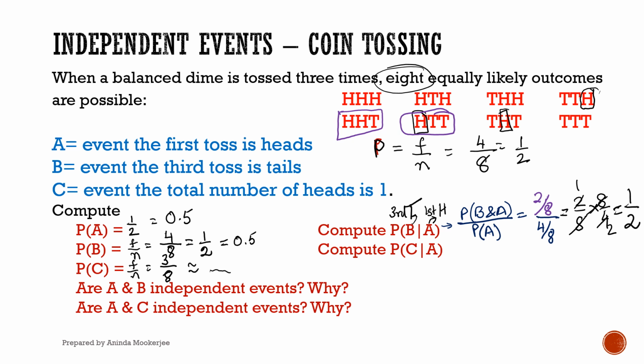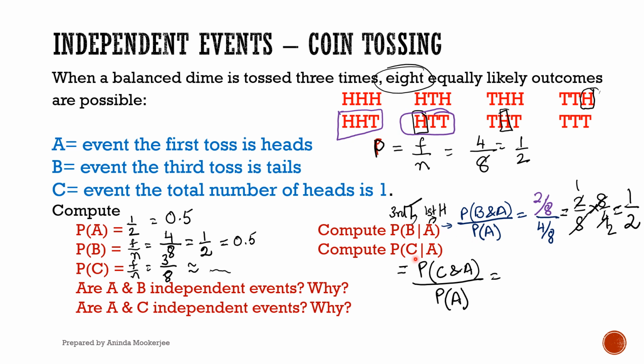How about computing probability of C given A? So what is C? All right, first let's write the formula here for the conditional probability. It would be the probability of C and A occurring together divided by the probability of A. What it says is, what is the probability of the event that the total number of heads is 1, given that the first toss is a heads?